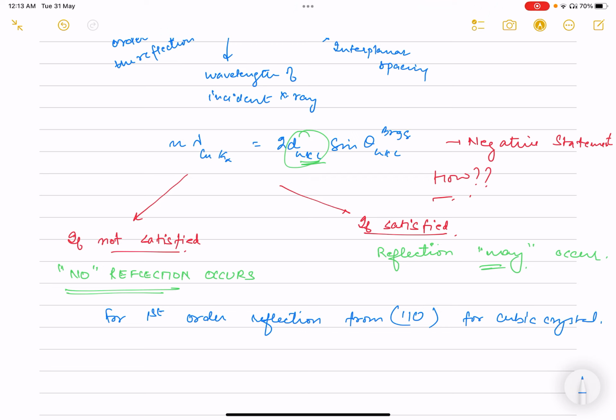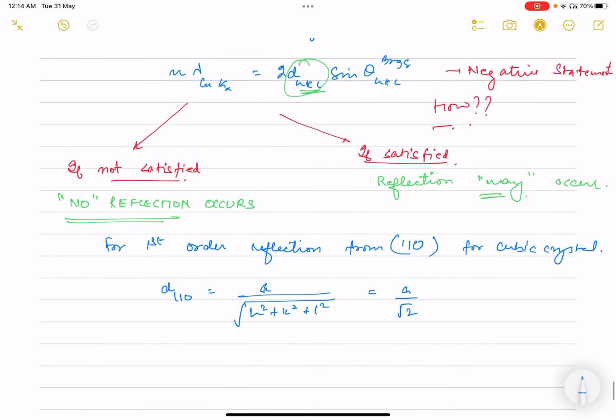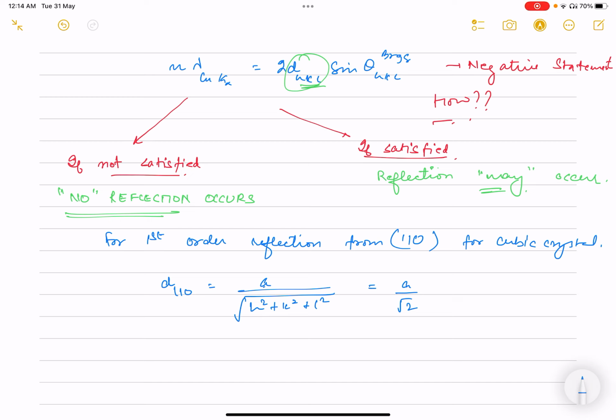D110 is a by root of h square plus k square plus l square, where a is the lattice parameter. So a by root 2. And n equals to 1.